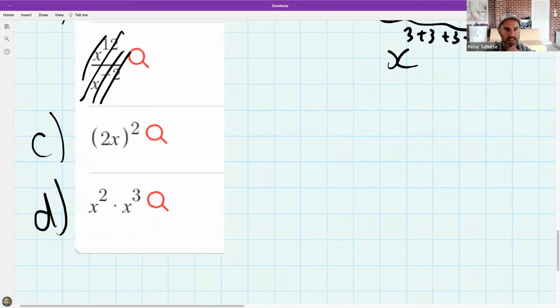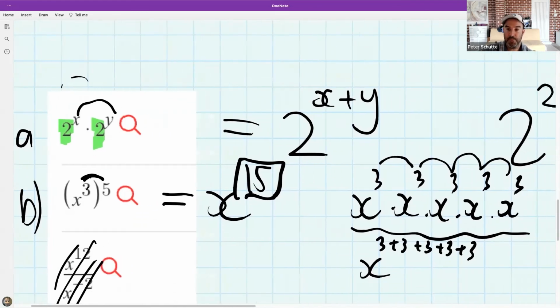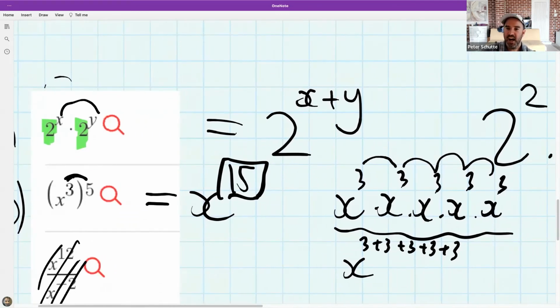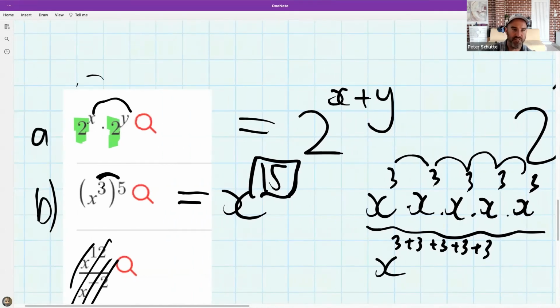Sir, I wanted to ask if in A, how did we know that the X stands for 2 and the Y stands for 3? Oh, I didn't. I made that up. So it's a very good question. I was trying to show you what made the question A difficult is it's a variable.